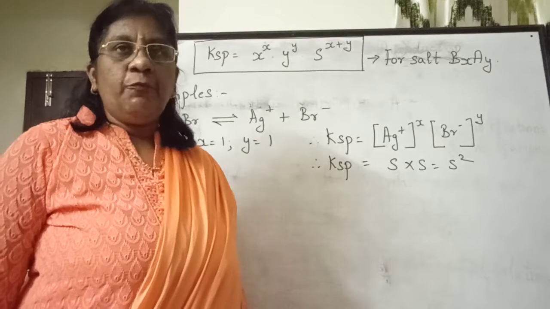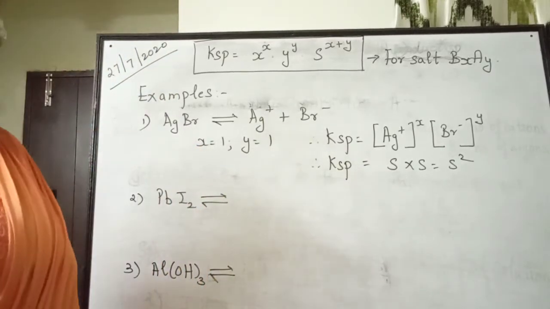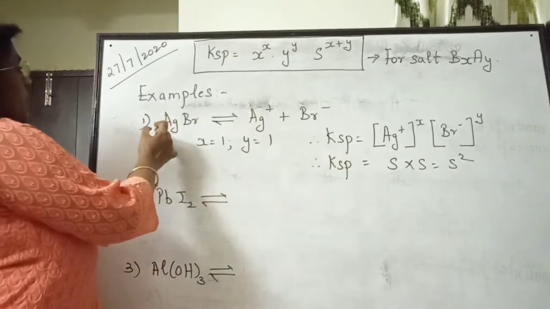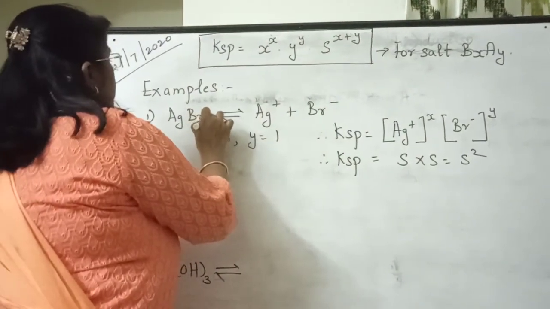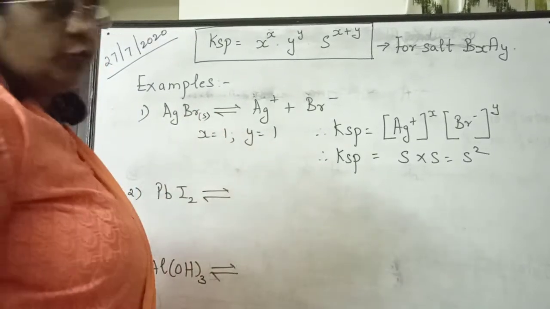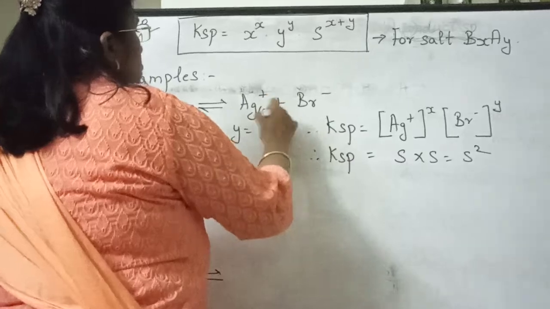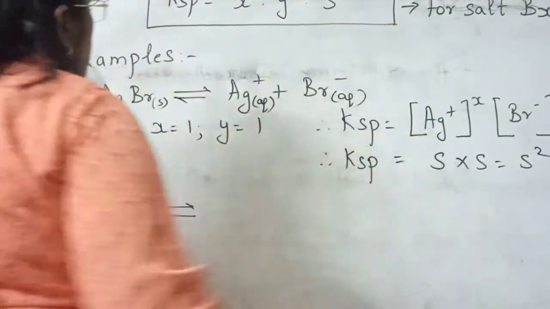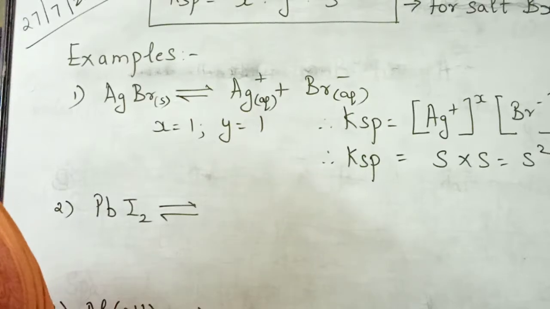Now let us study a few examples of solubility product. Suppose I take silver bromide and prepare its saturated solution. Silver bromide will dissociate to produce Ag+ and Br- ions.